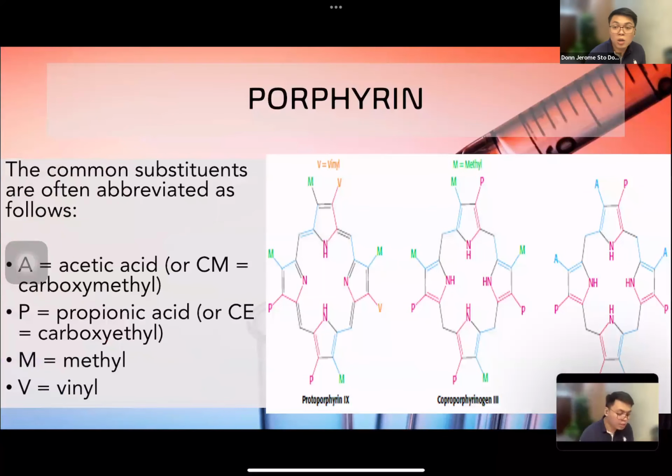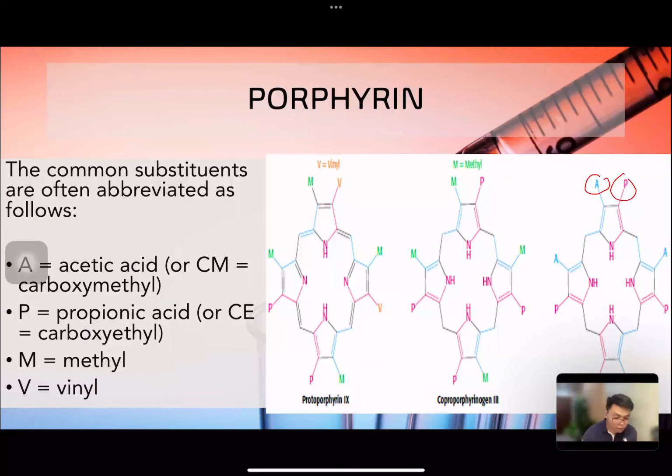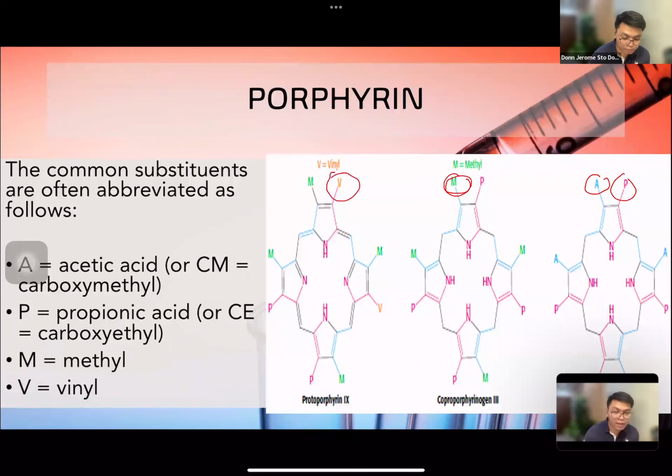All right, let's proceed. These are the common side chains that you can attach to your porphyrin molecule. You can attach an acetate, or carboxymethyl or acetic acid, propionate or propionic acid, or carboxyethyl. You can have a methyl side chain as well as a vinyl side chain.